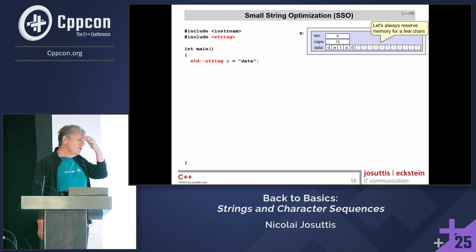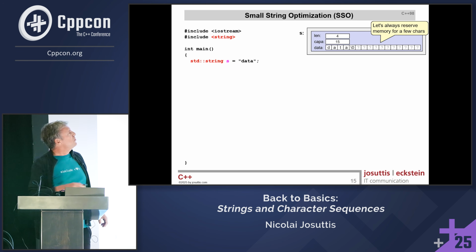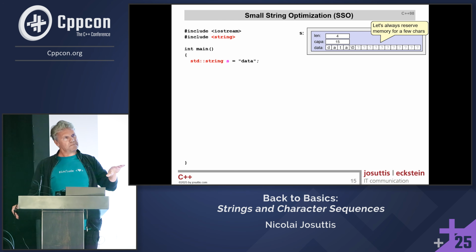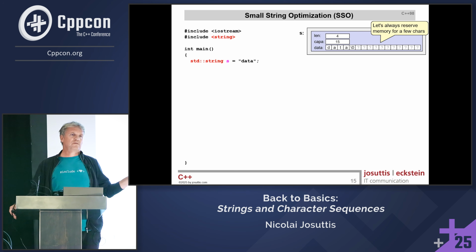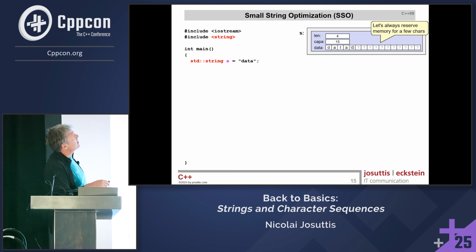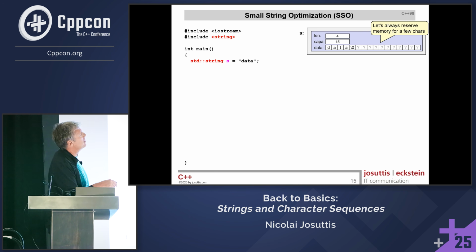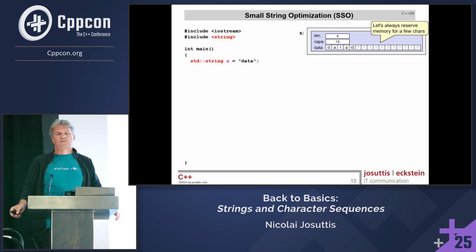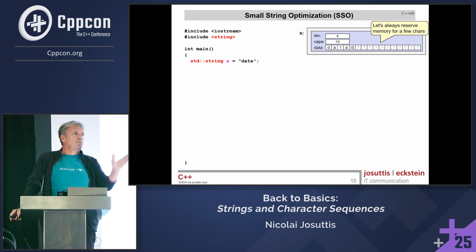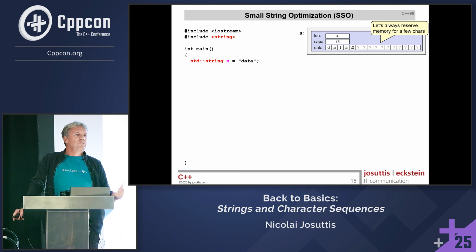So wouldn't it be useful then to reserve memory for a few characters and only allocate memory in case that's not enough? And that's exactly the approach. The strings internally allocate memory for some amount of characters. So for example, the value might be 15, because it's pretty often useful to allocate 16 bytes of memory, but one is for \0, so 15 is left.